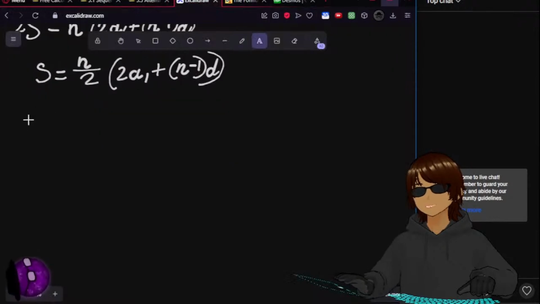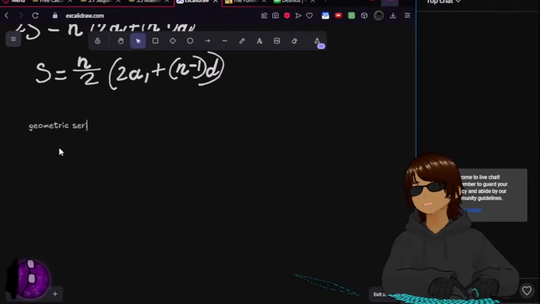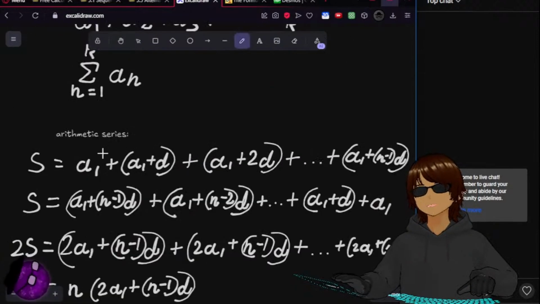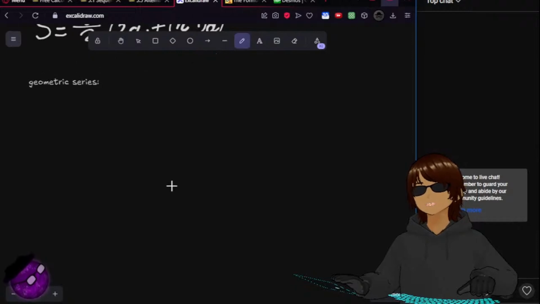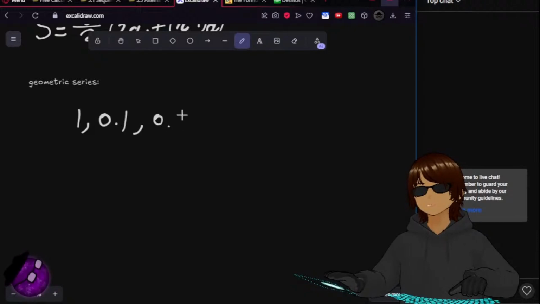Now let's do a series for a geometric one. Geometric series. Last time I said an arithmetic series has to come to an end, otherwise if it goes to infinity, the sum would go to infinity, even if it's like 0.001. But a geometric series is different. You have 1 and then divided by 10. So the ratio is 1 over 10, and then 1 over 10 again, and 1 over 10 again, and so on all the way till infinity.